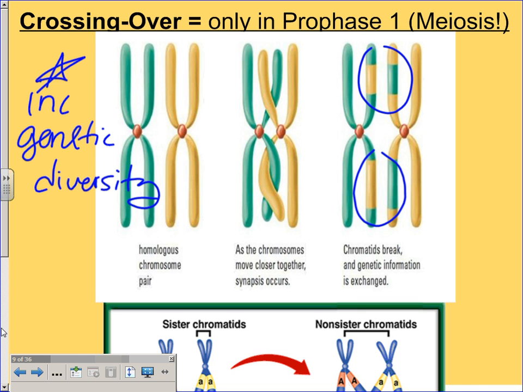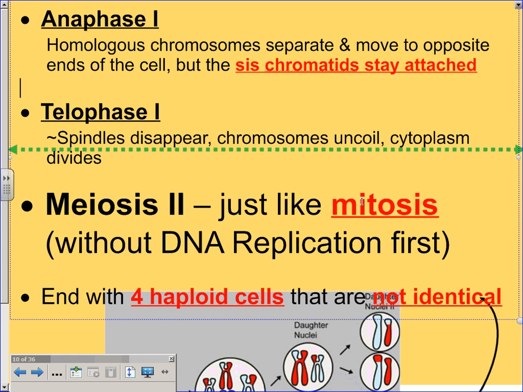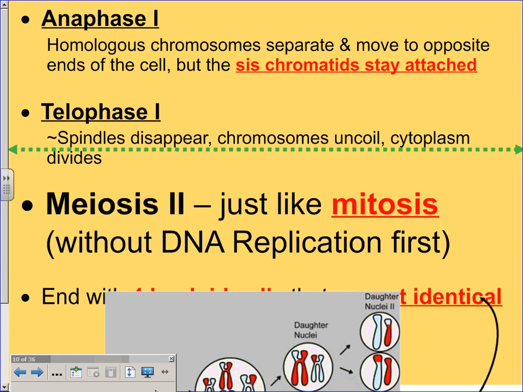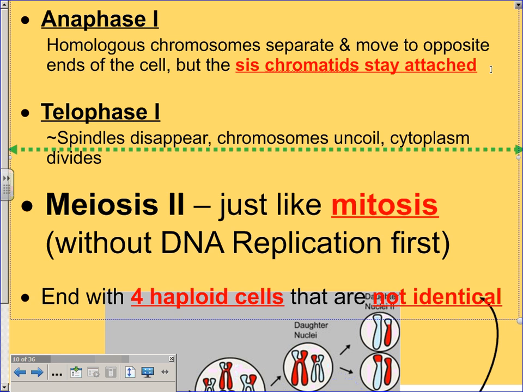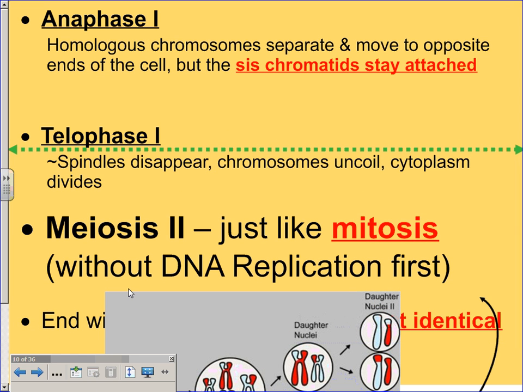Okay, anaphase 1 and telophase 1. Anaphase 1, I need to draw this. Go ahead and write down what's in red right there, under the symbols or around the symbols, someplace if you have room. So, anaphase 1, you've got your cell.